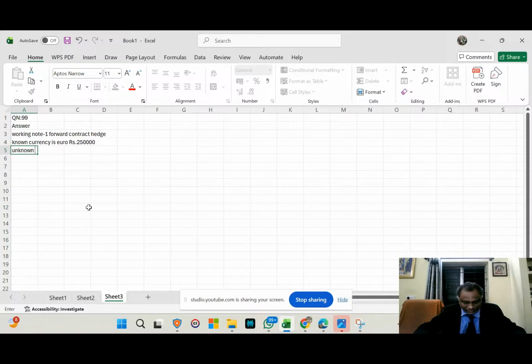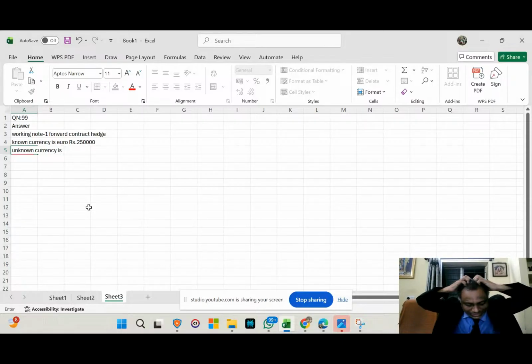Dear friends, here is what we are going to do with the known currency.